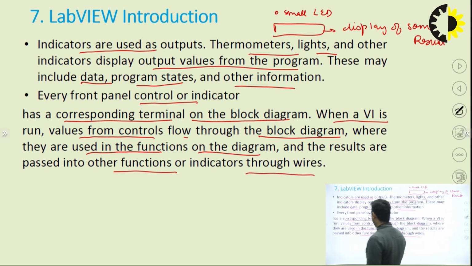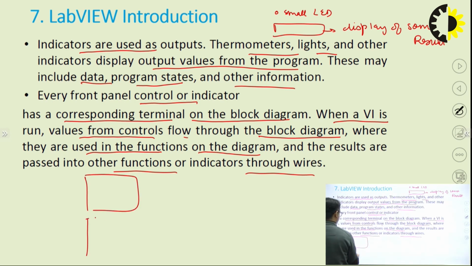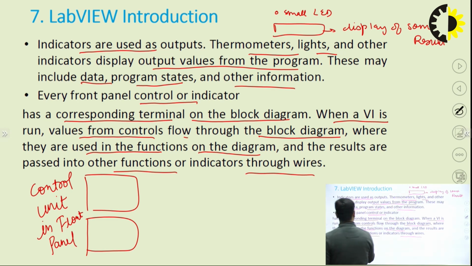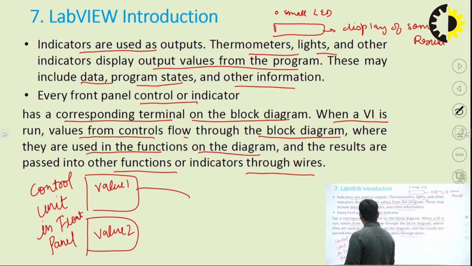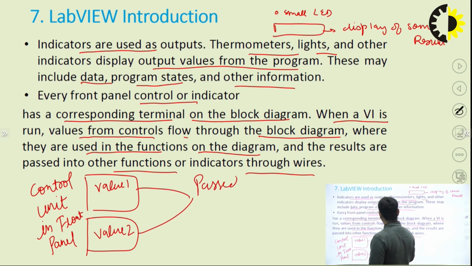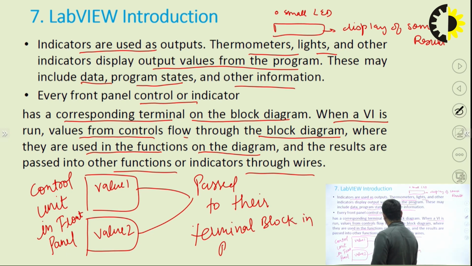What does it mean? If we have specified some values on the control unit in the front window, the front panel, value 1, value 2, these values are passed to their respective terminal blocks in the block panel.